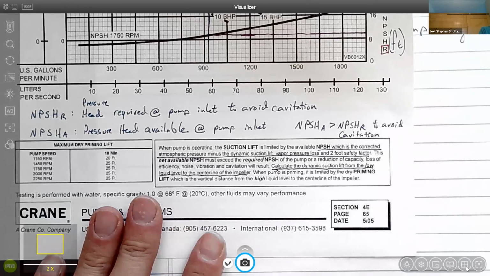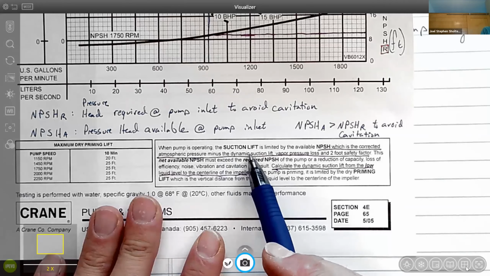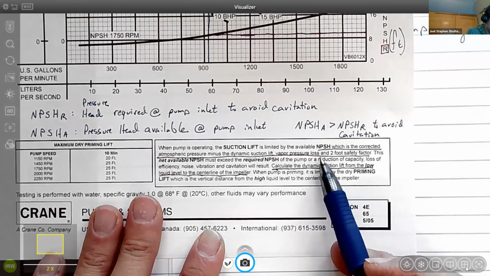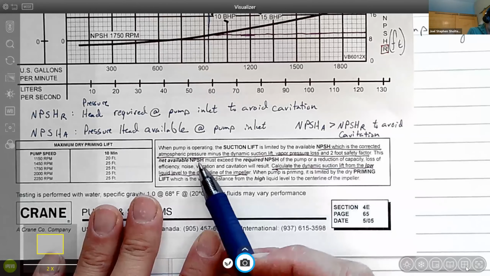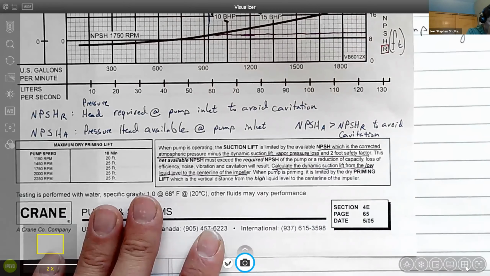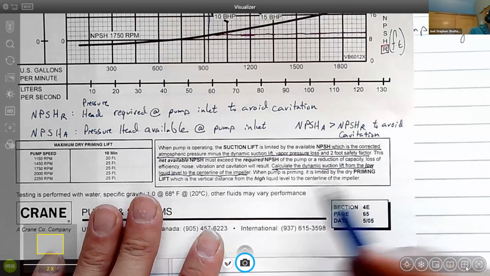Okay, so it says when the pump is operating, the suction lift, so the suction involved in lifting the water to the pump, is limited by available net positive suction head, which is the corrected atmospheric pressure minus the dynamic suction lift. We'll define these and actually write the equation here.